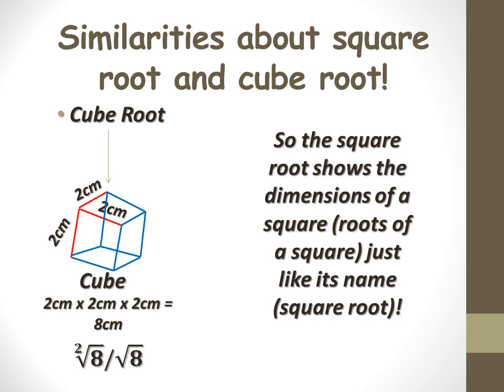Okay, so now you put 8 under the cube root. That means the answer is 2, because 2 times 2 times 2 equals 8. So here we go. It has a very teeny tiny trick.